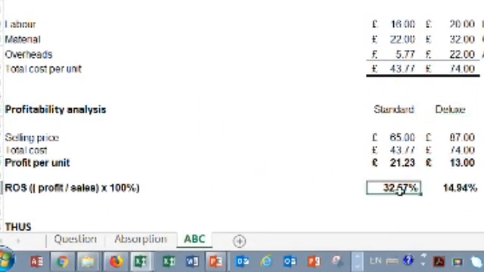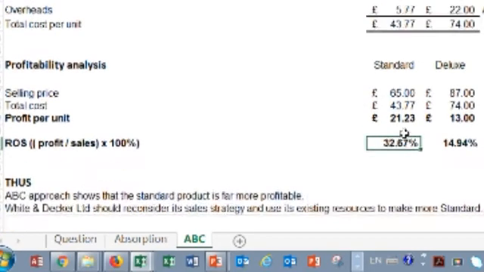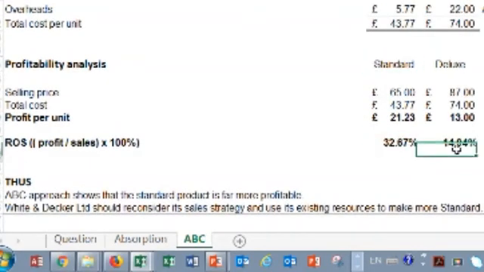So if we do return on sales, that is the profit divided by selling price times 100, we get 32.67% for standard and 14.94% for deluxe. Now you see in absorption costing both were almost same, so therefore there was not any difference whether you produce that one or that one, because they both were same.